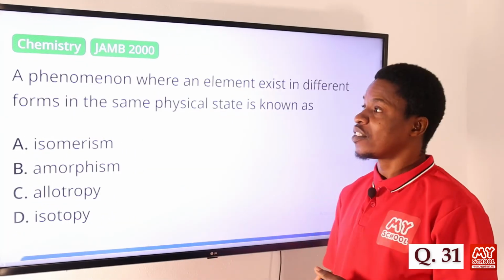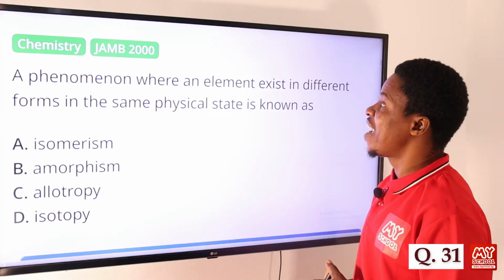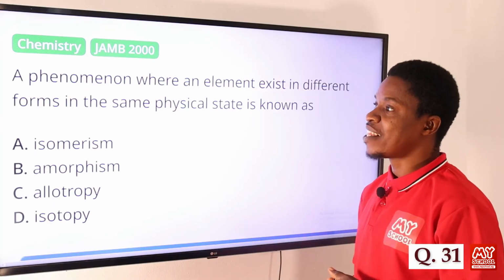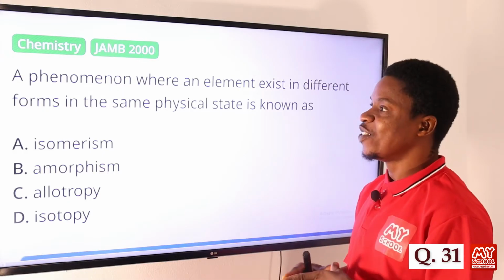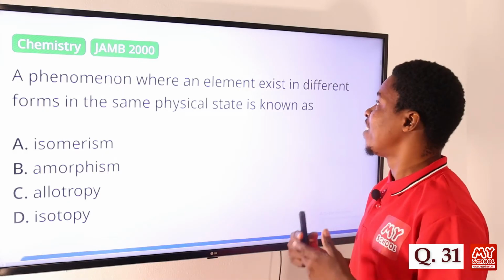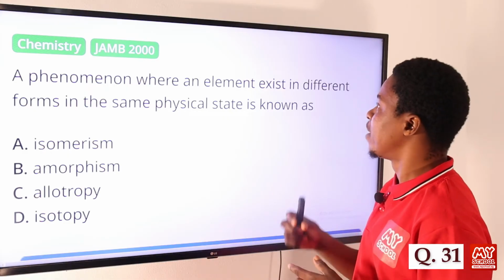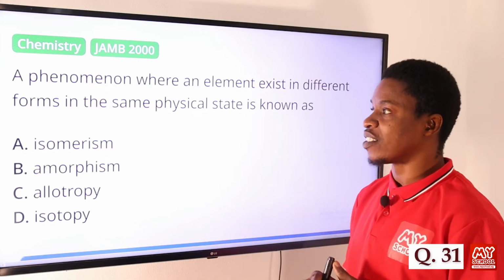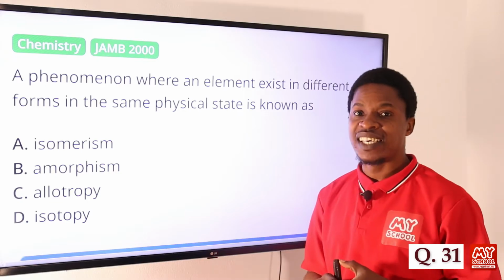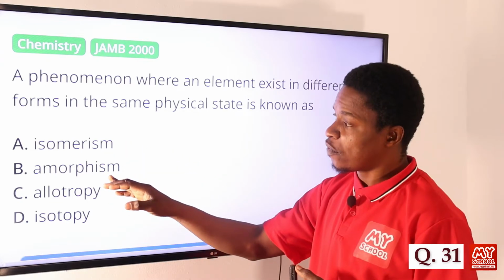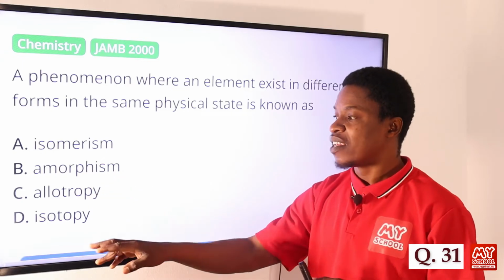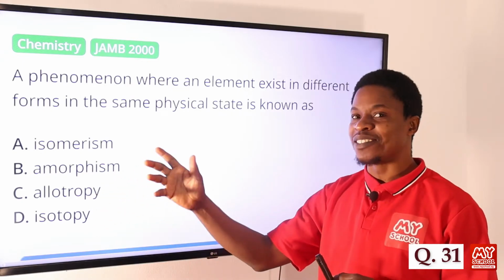Question number 31. A phenomenon where an element exists in different forms in the same physical state is known as what? We have isomerism, amorphism, allotropy, isotopy. They all sound almost the same.